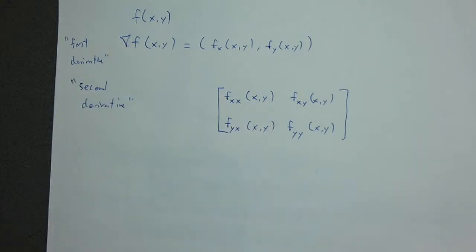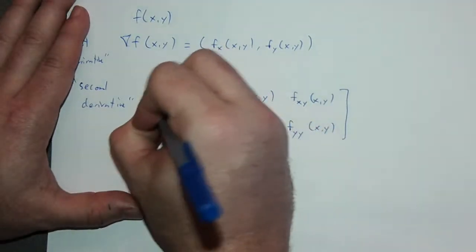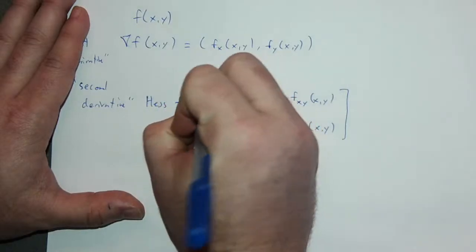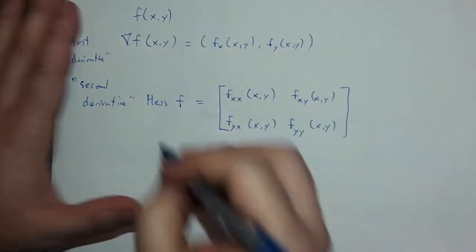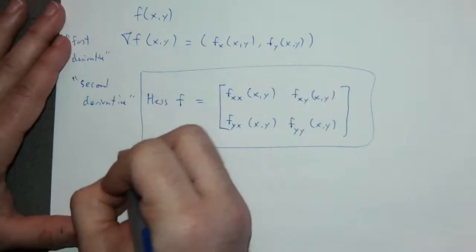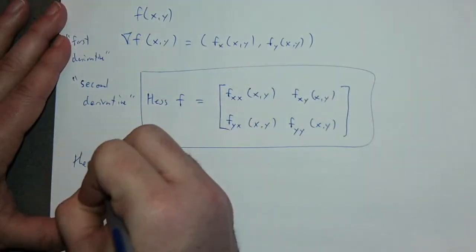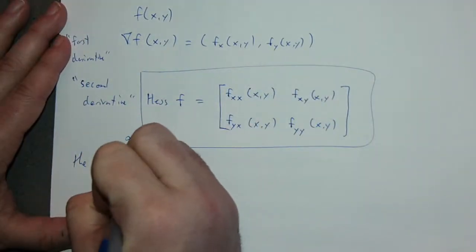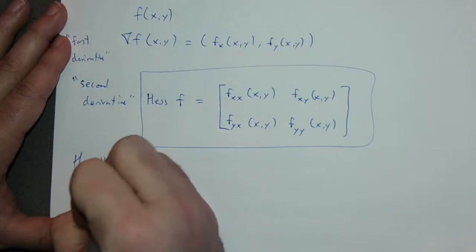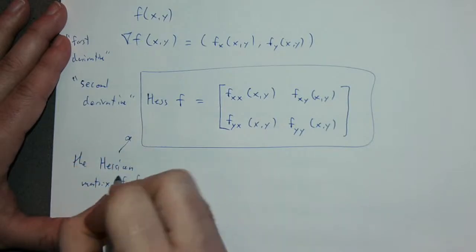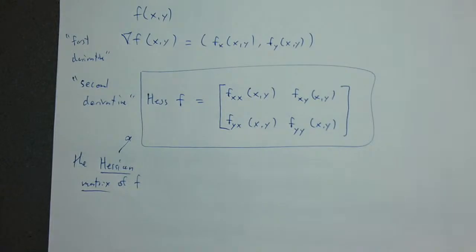And so this thing is called the Hessian matrix. So this is called the Hessian of f. Well, I have a matrix.